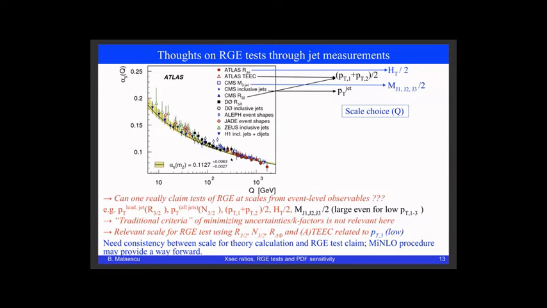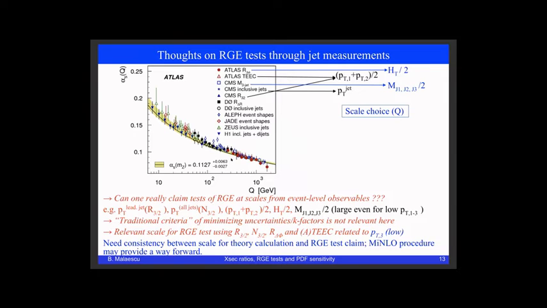Now, I don't quite understand why minimizing the uncertainty or looking at the convergence of the perturbative series isn't the guidance there. If my observable is based on the PT of the third jet, and that drives my alpha S sensitivity, shouldn't I get the best convergence for the right scale, just like in any other case?